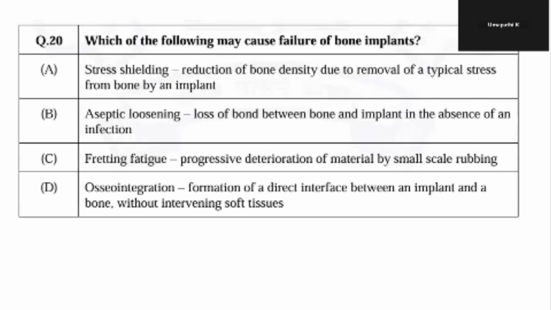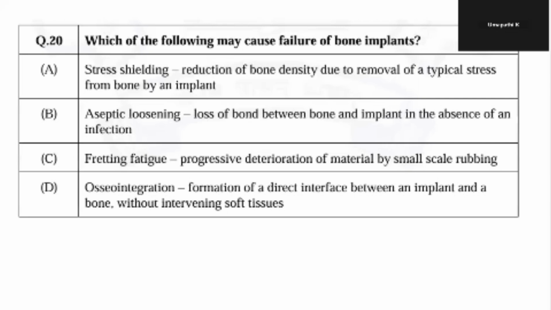Here first we have to understand what the four choices say. Then we can easily find the answer. Which options may cause failure of bone implants? First one is stress shielding. So what is stress shielding?